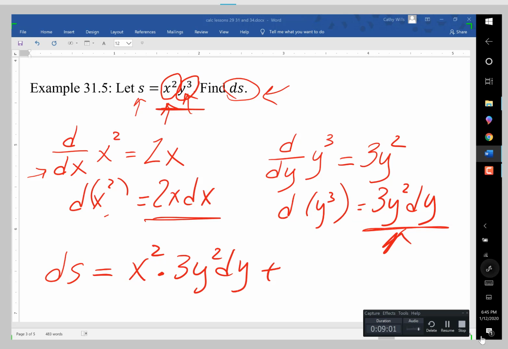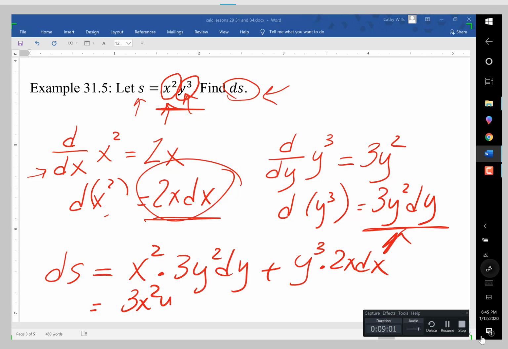And then you take the second function, which is y cubed, and you multiply it by the differential of the first function, which is 2x dx. So ds is 3x squared y squared dy plus, sorry, that is not right, 2xy cubed dx.